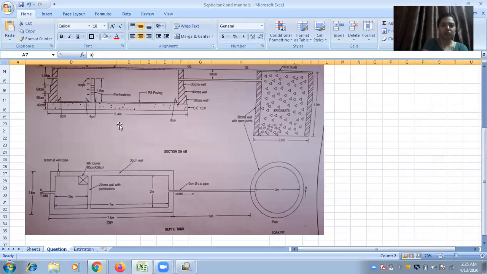If we subtract these two, that is 8.4 minus 7, that is 1.4, which is outside this face. That means we need to add 1.4 for this 2 meters to get the total breadth of excavation for the septic tank.